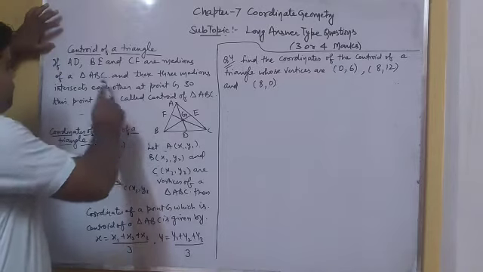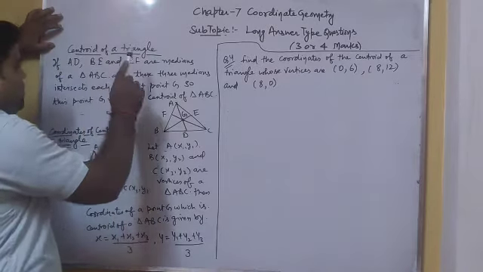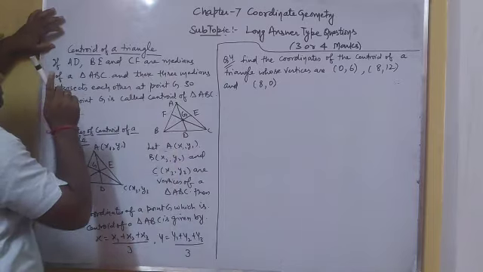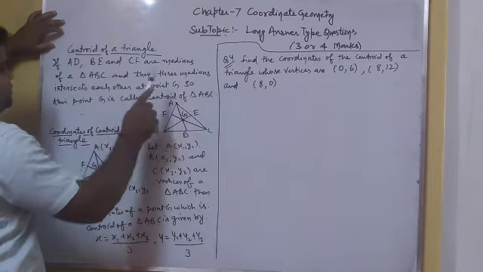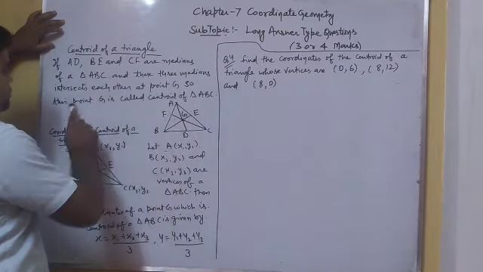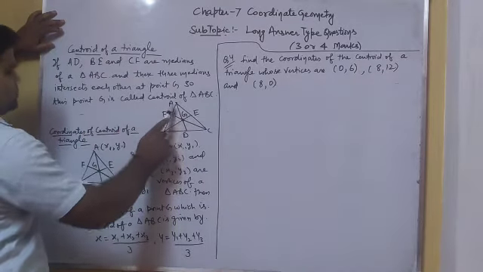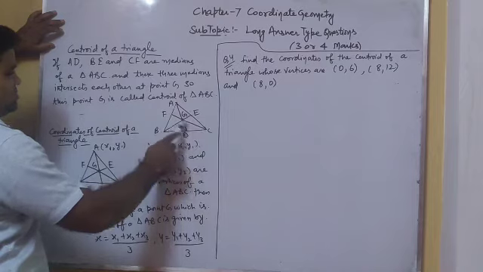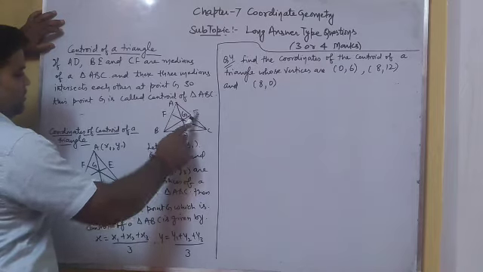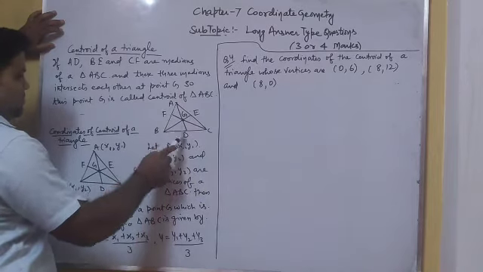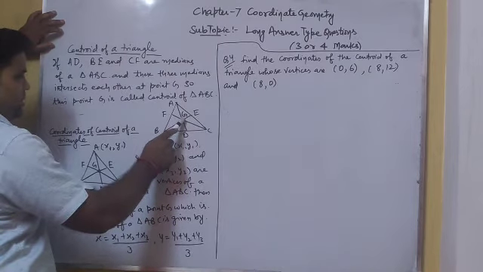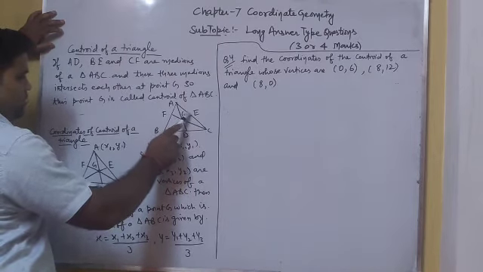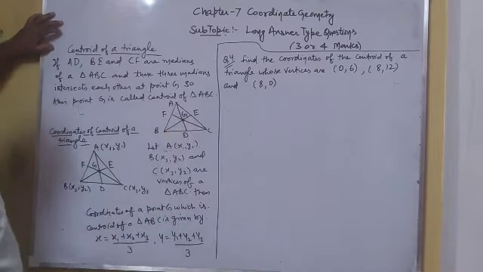If AD, BE and CF are the three medians of a triangle ABC, and these three medians intersect each other at point G, then this point G is called the centroid of triangle ABC.